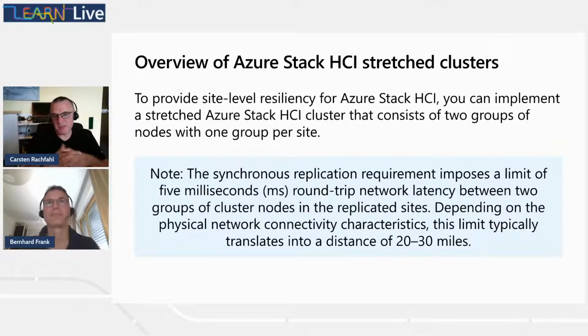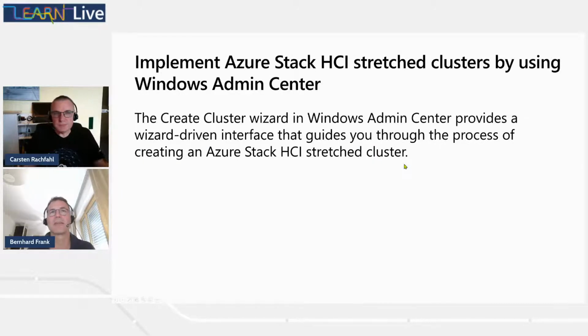And this is why Microsoft says if you have synchronous replication between the sites, you shouldn't have more than 5 milliseconds. And usually that's 20 to 30 miles, or in kilometers, let's say 30 to 45 kilometers. Yeah? So stretching a cluster doesn't make it faster? No, usually not. Because we need additional writes, we need additional resiliency on the other side.